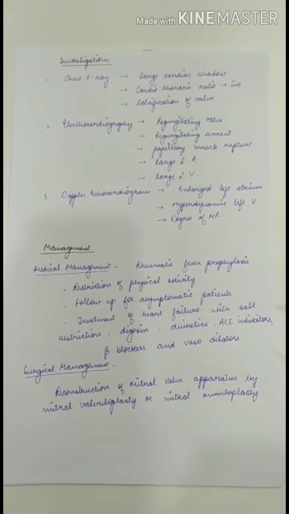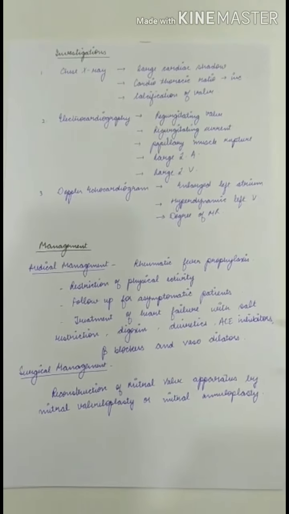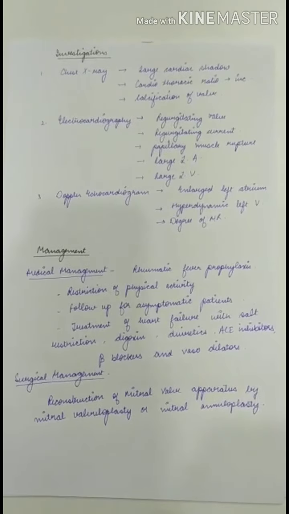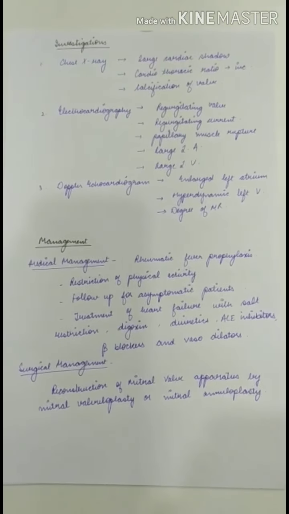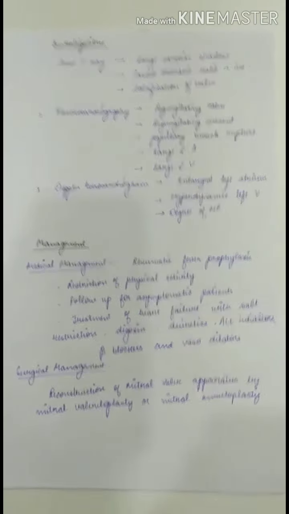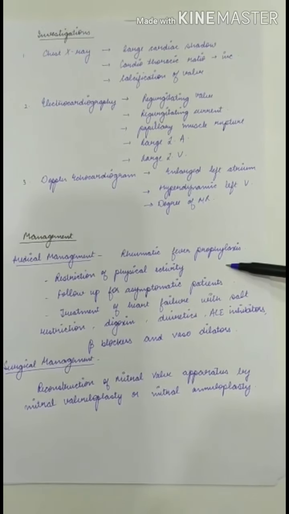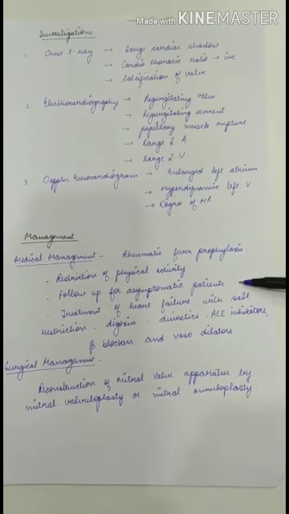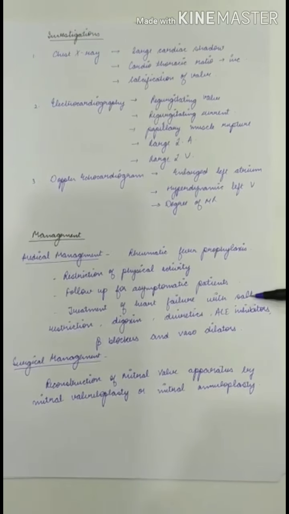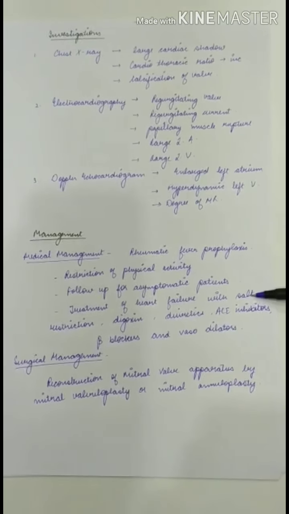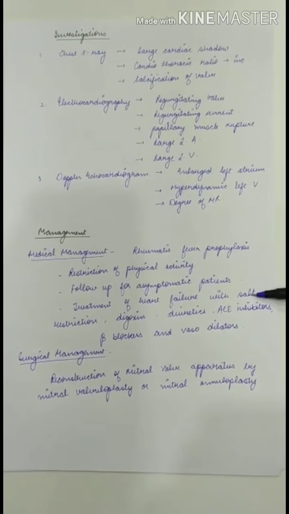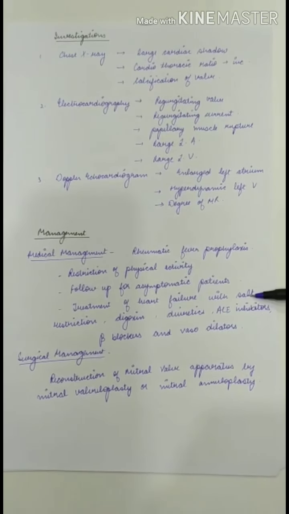Now let's discuss the most important part of the topic, that is the management. The management is divided into two parts, medical management and surgical management. Medical management includes rheumatic fever prophylaxis, restriction of physical activity, follow-up for asymptomatic patients, treatment of heart failure with salt restriction, digoxin, diuretics, ACE inhibitors, beta blockers and vasodilators.